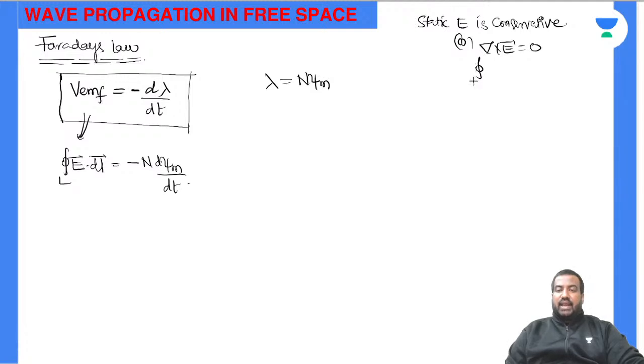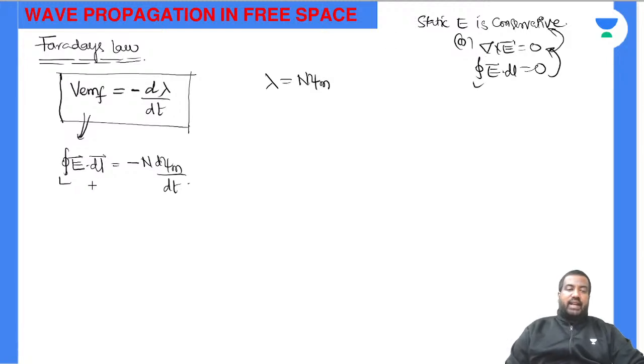Only for static electric field closed loop integral of E dot dl is 0, because del cross E is 0, because E is conservative. Therefore, you need not make it 0. Here lambda is the flux linkage, n is the number of turns. For straight conductor, n is 1, substituting n is 1.